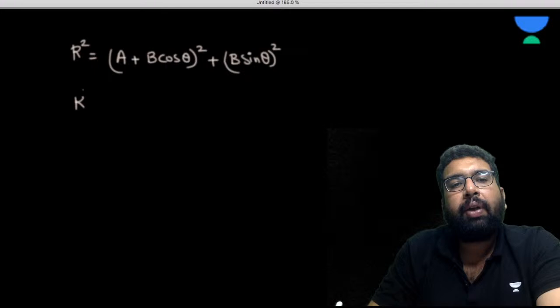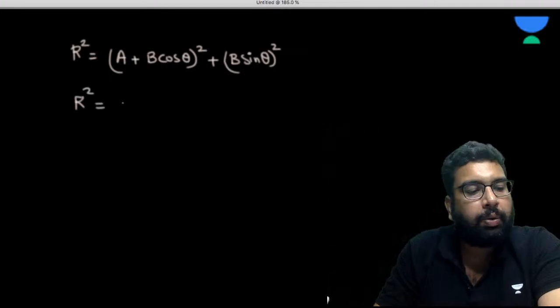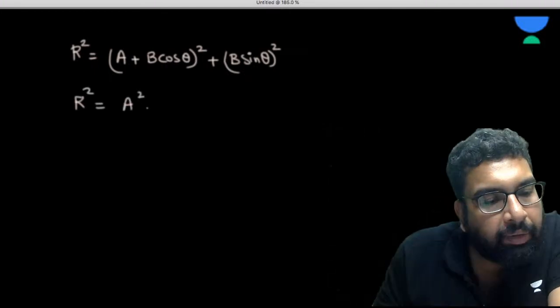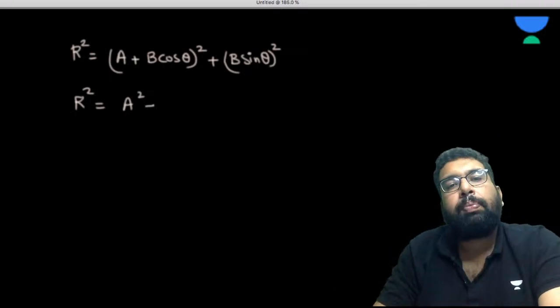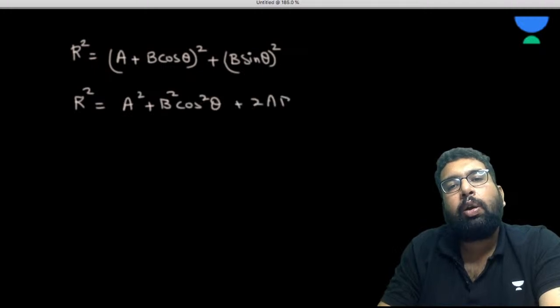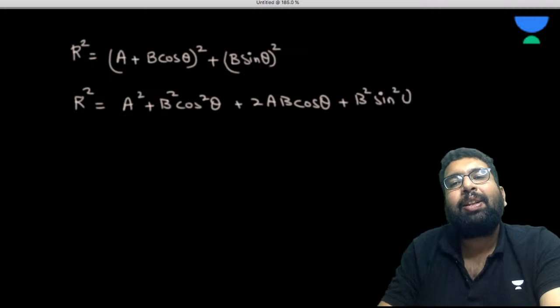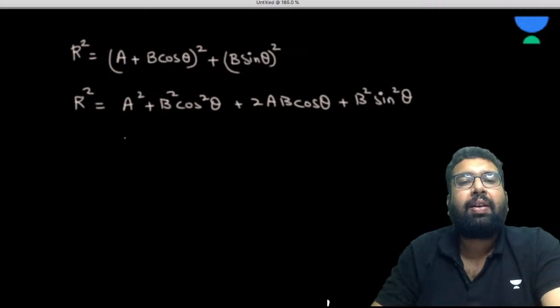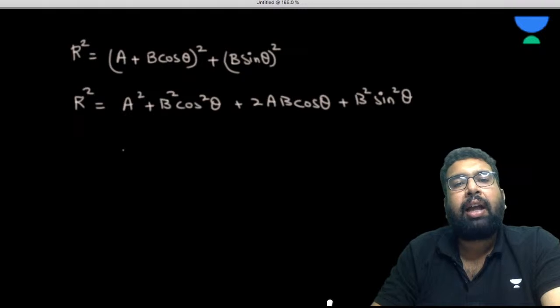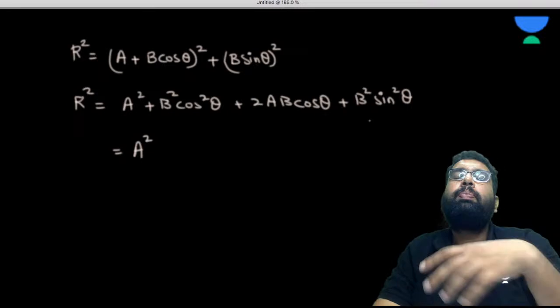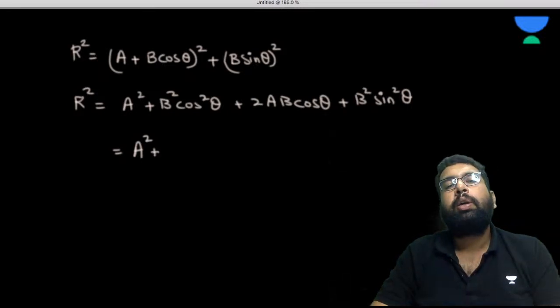Now, if we open up the brackets, R square becomes A square plus B square cos square theta plus 2AB cos theta plus B square sin square theta. Now B square cos square theta plus B square sin square theta becomes B square.